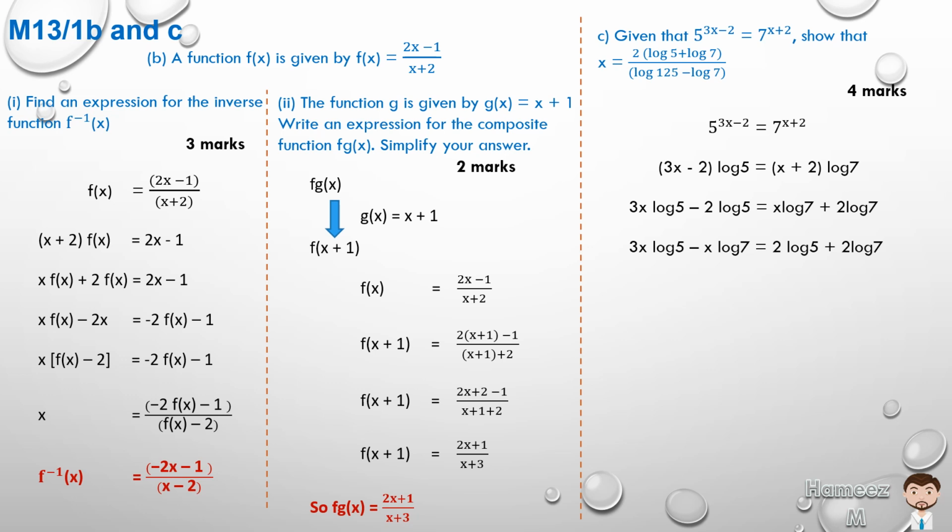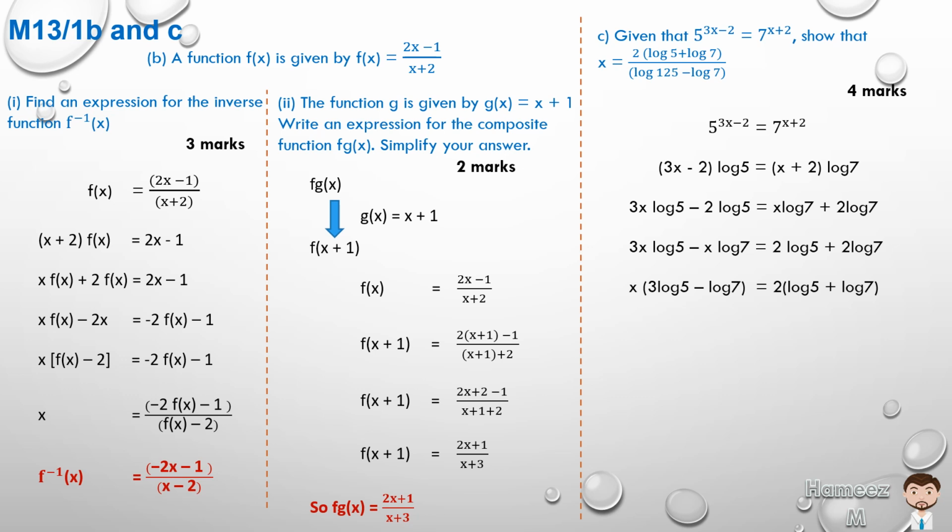And we can factorize. So this is looking similar to what we did in part 1. We're factorizing out the x, so we're left with x times 3 log 5 minus log 7 is equal to 2 log 5 plus log 7. And this right-hand side starts to look like our numerator that we want to prove.